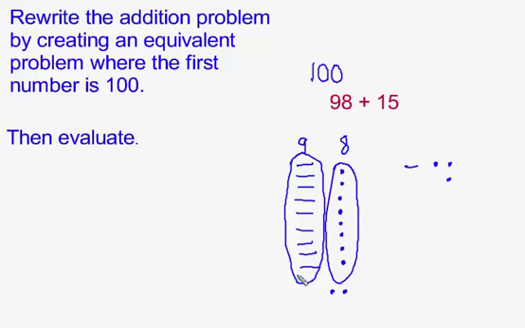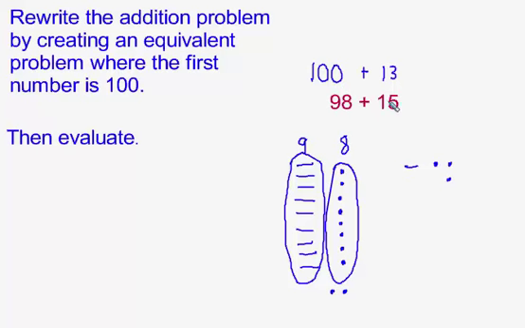So by doing so, I now have 100 units in this group. Here's my 9 rods, meaning 90, and here's my 8 units, so together this is 98, but now I have 99, 100 units in this group. But since I moved the 2 over here, I have 2 fewer units over in this group. So now I only have 13 units here. What you can see is that to make the number 98 into 100, I had to move 2 units over.